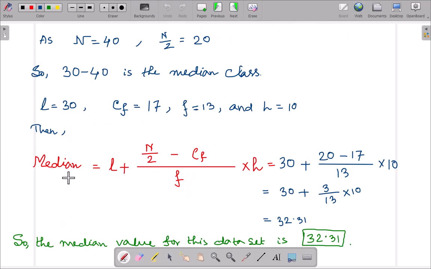Now we use the formula to find the median: L plus (n by 2 minus CF) divided by F multiplied with H. Here L is 30, n by 2 is 20, minus 17, that is the cumulative frequency of the preceding class, divided by F, so divided by 13, multiplied with class size, that is 10. So we get 32.31. So the median value for this data set is 32.31.